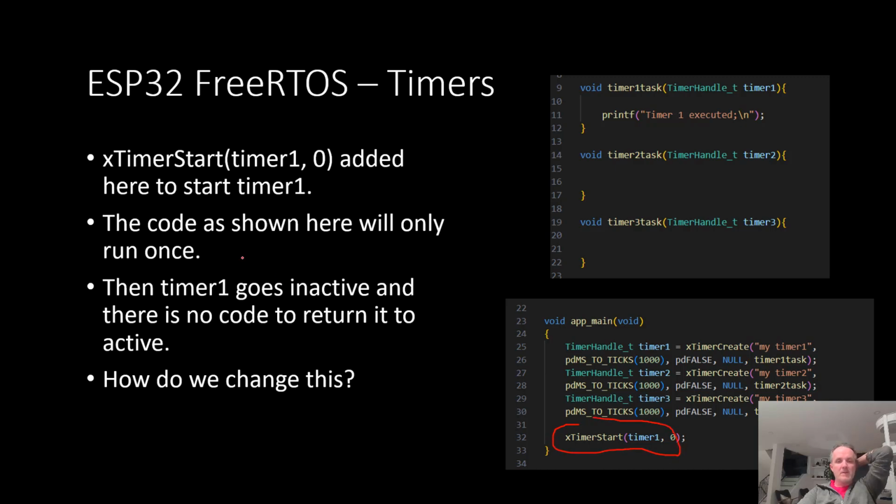The code shown here will only run once, because we start timer 1, it comes up and says, yep, I've executed, but doesn't call another timer. It could call itself, it could call another timer, many options, but really we're looking to create a succession of timers calling each other in a circle.